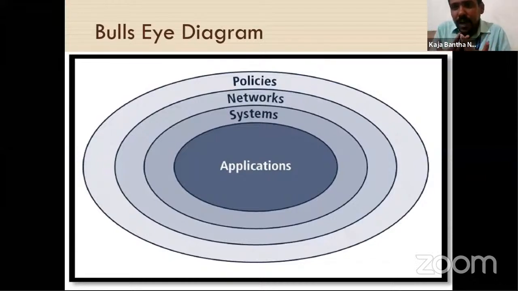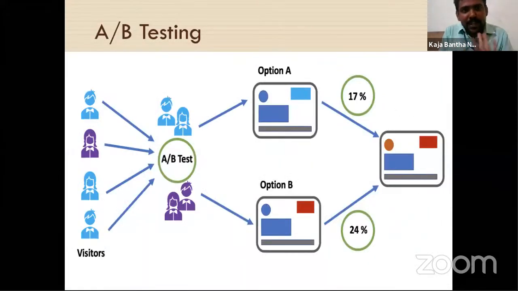It's one kind of ideation tool. Applications: what is the company's real application, real product? What systems are there in the company? What network? The company has now started in India and already has branches in South Africa and Dubai. What policies does the company have? Some policies are there.